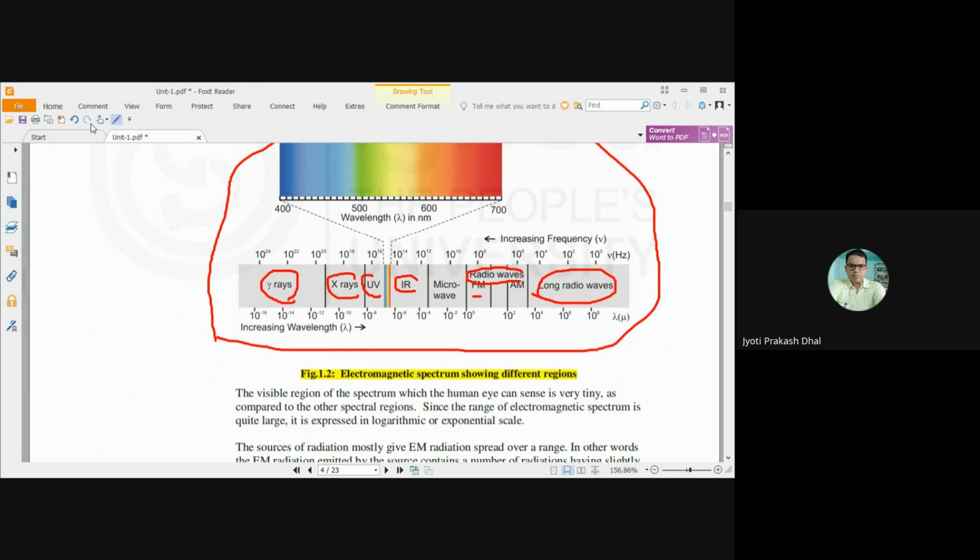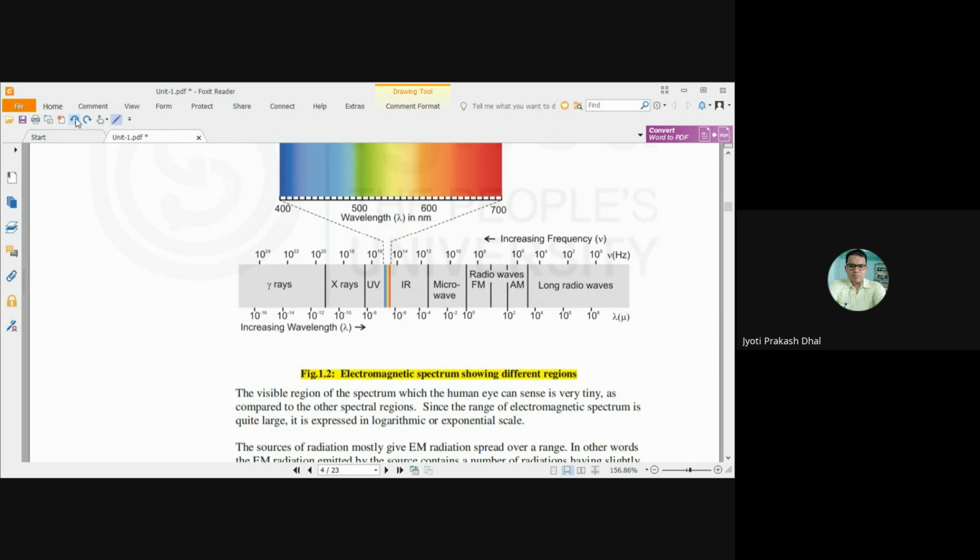So here the different types of electromagnetic radiations are: number 1 gamma ray, number 2 X-ray, number 3 ultraviolet, number 4 visible, number 5 infrared, number 6 microwave, number 7 radio waves. Out of these 7 electromagnetic radiations, we can see only the visible light.